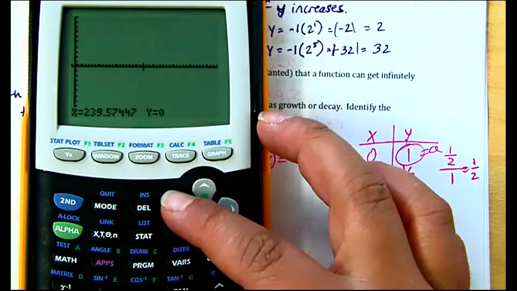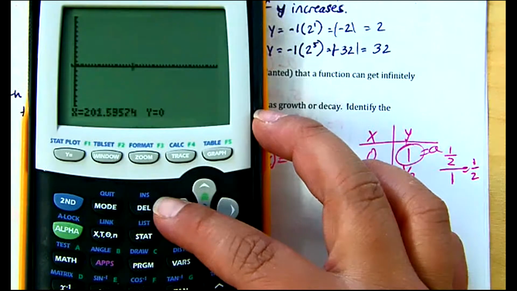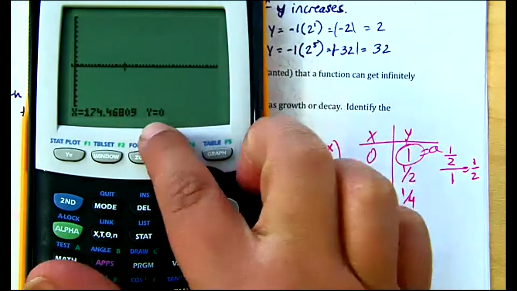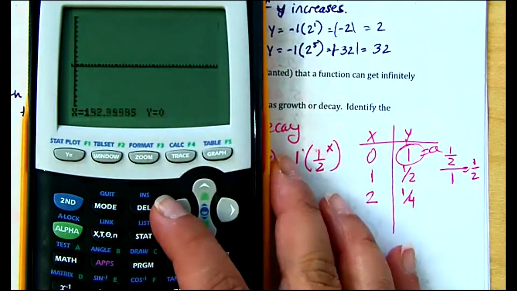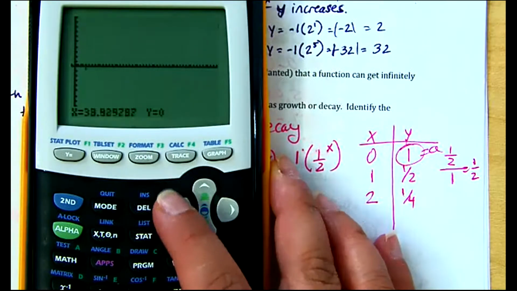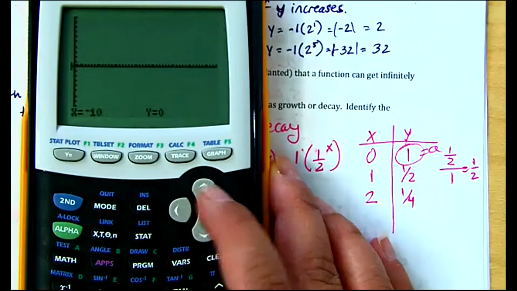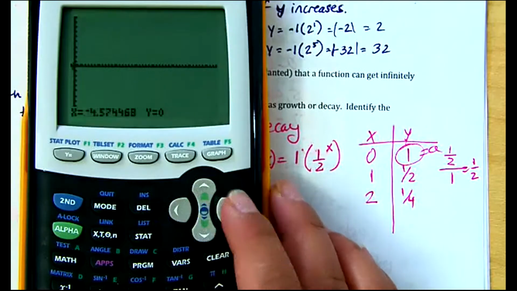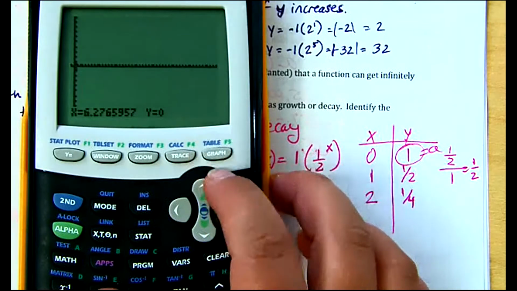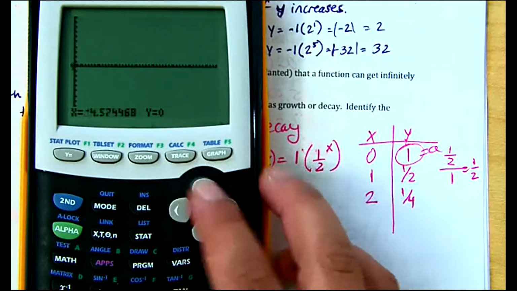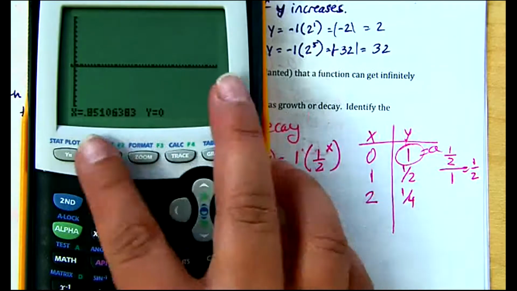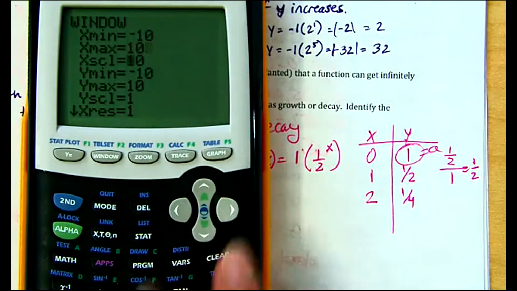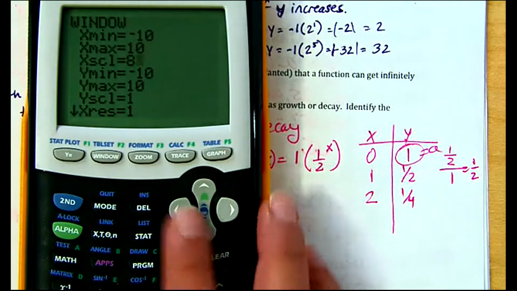Interesting. Here's the problem: on the graph, it actually gives you y equals 0 when you're tracing it. But the table won't, because the table will actually give you the minor details. Let me go something smaller. Let's move by 5s.